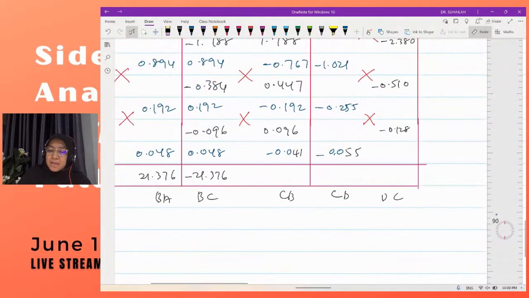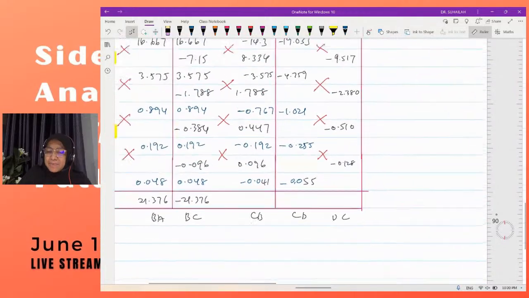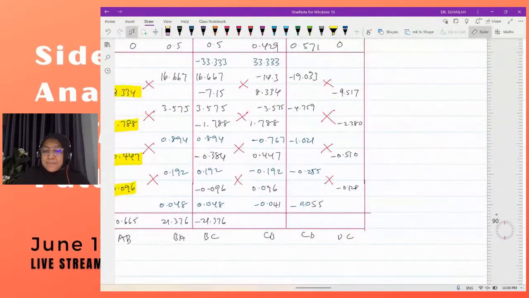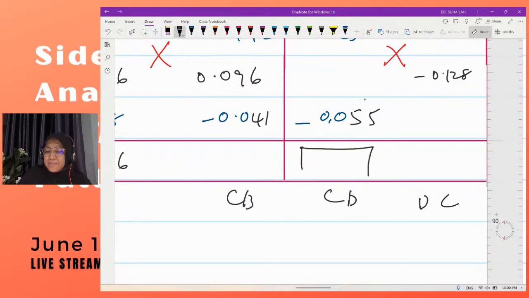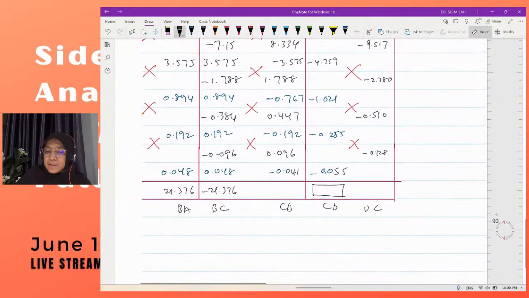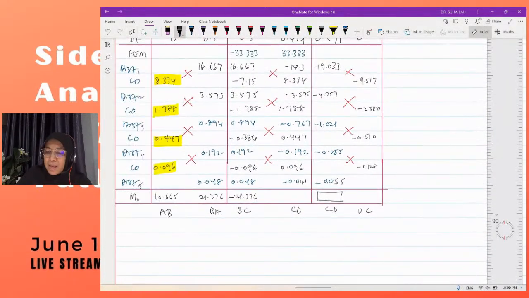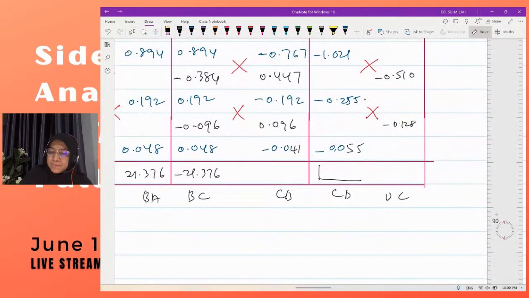Okay, next. CB and CD. So please calculate for CD. What is the answer for MCD? So kira yang ni. MCD is negative value.